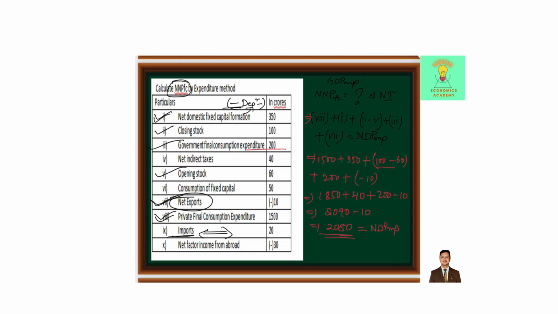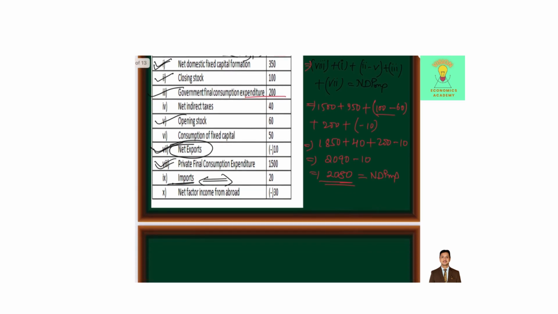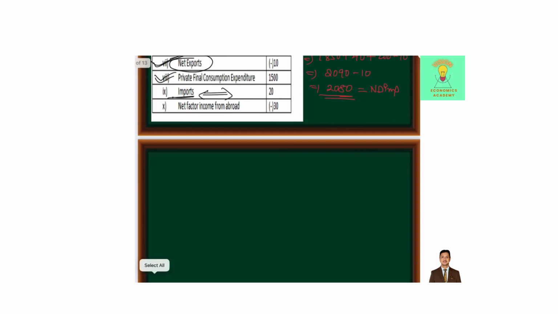Now what we need to find is NNPFC. Now we know from NDP MP, if we want to find NNPFC, what do we need to do? From domestic to national, NFIA has to be added, right? And from market price to factor cost, we have to subtract net indirect taxes. All right, so let us do that.